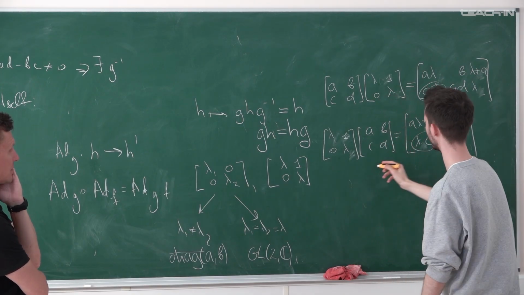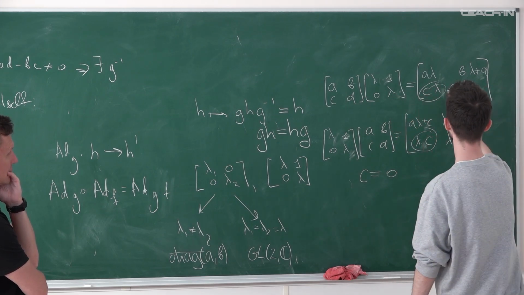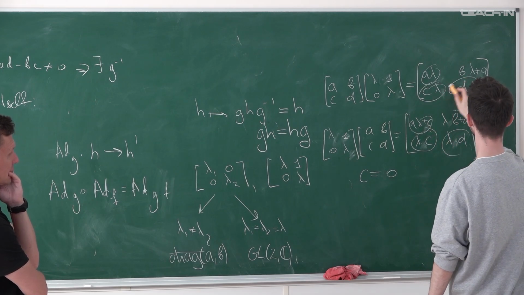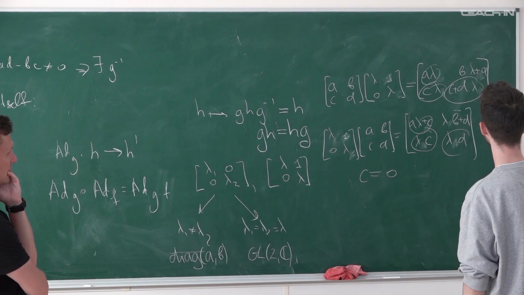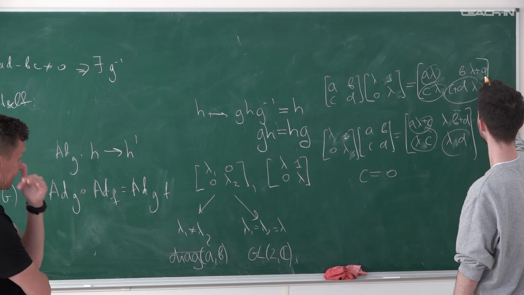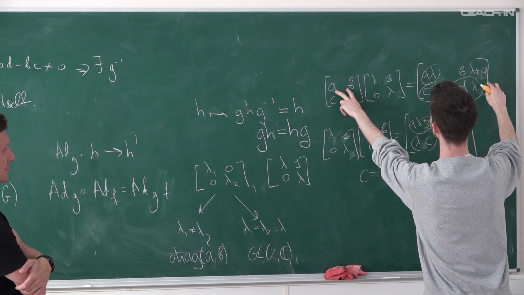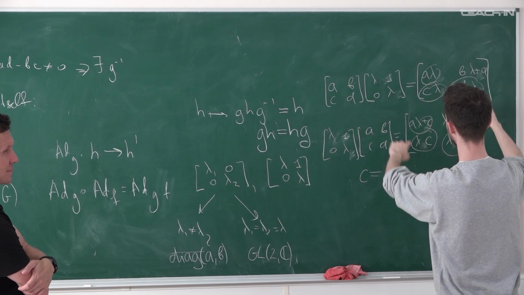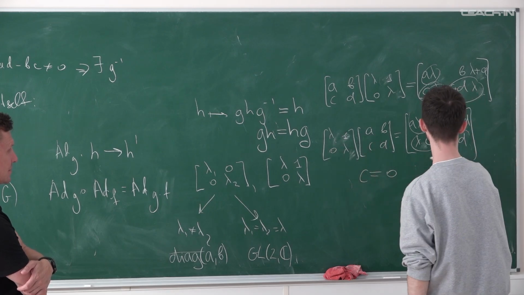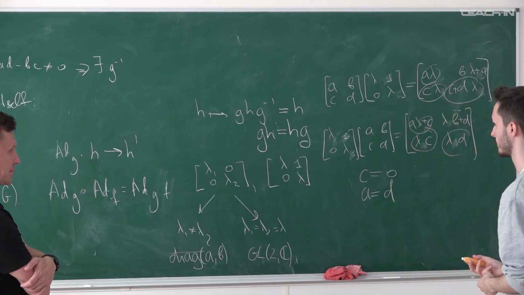We have to set C equal to 0, and here also C equal to 0, and A equal to D. Exactly.